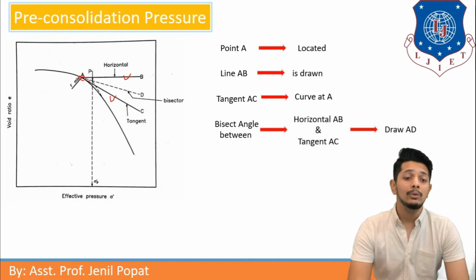Then I will bisect line AB and line AC. So the horizontal line and the tangent will be bisected by line AD. The bisector will be given the name AD.